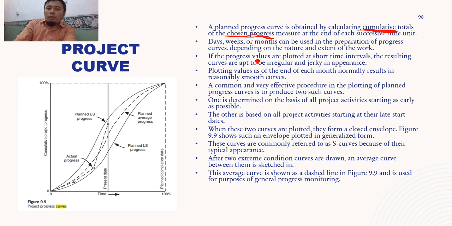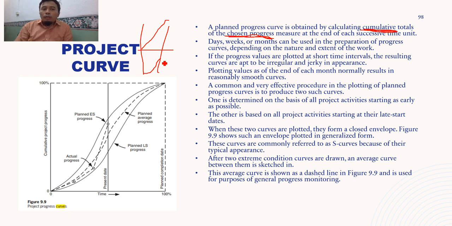If the progress values are plotted at short time intervals, the resulting curves are apt to be irregular and jerky in appearance. So if it is too short, let's say you have two curves with two different time intervals. If you plot in days, it'll be very jerky. If in weeks, it will be a much more gradual curve.